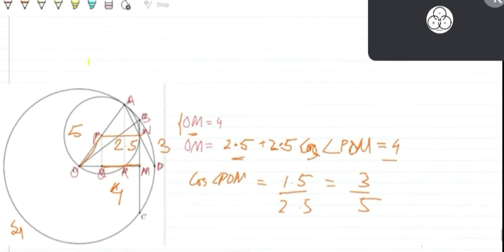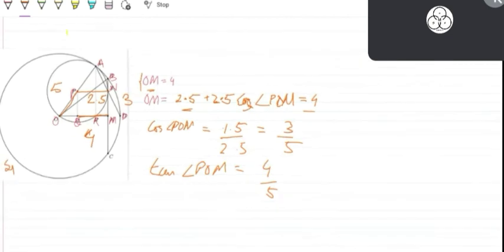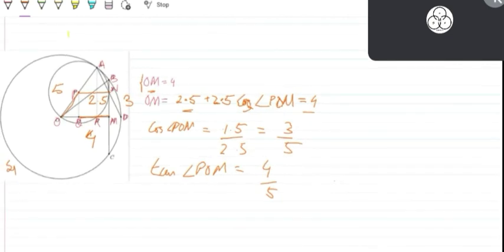OM equals 4, and nothing is wrong at all. Sorry. And thus tan of angle POM, this is a very common angle as I said just now, 3, 4, 5, will be 4 by 5, right? And we can find out tan of angle BOM.